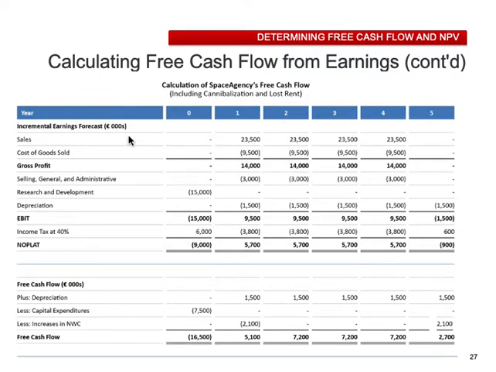So this part over here actually comes from our NOPLAT calculation in the previous video. So if you need some extra assistance in how to calculate NOPLAT, my suggestion is to please have a look at the previous video. Okay, so we've established a NOPLAT for year 0 until 5, and now we need to go from NOPLAT to cash flow.